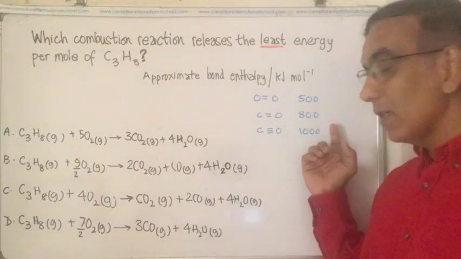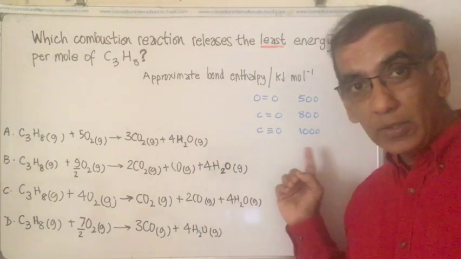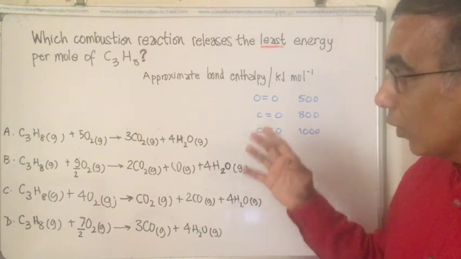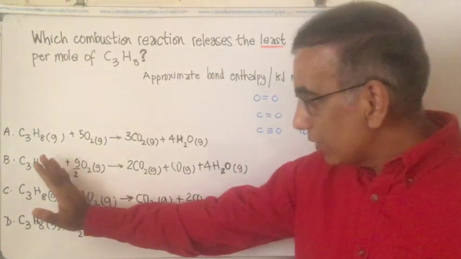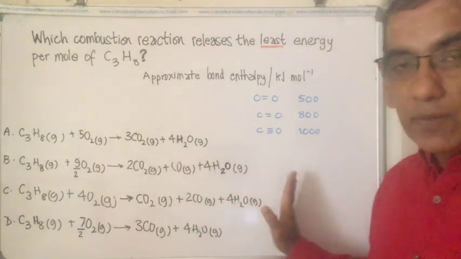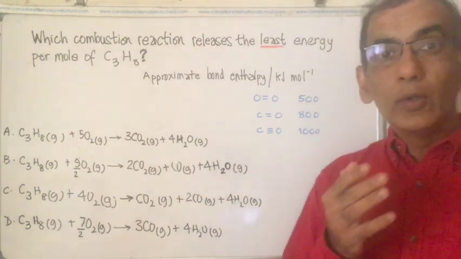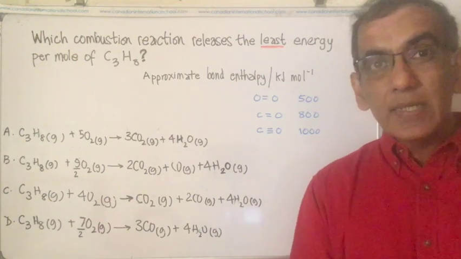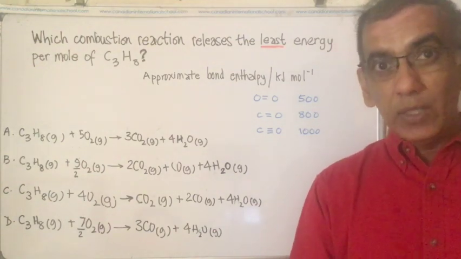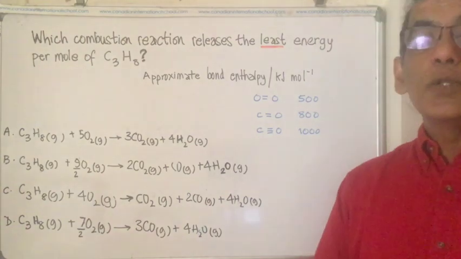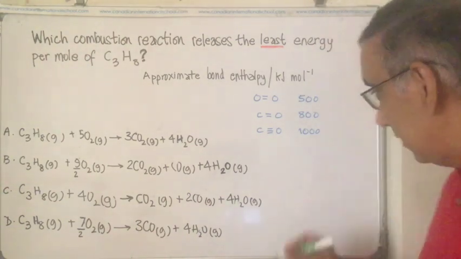So with this being the only data given to you, what you'll have to be looking for is to calculate all of the enthalpy changes associated with each one, and then look for which one is least negative, because more negative means more exothermic.